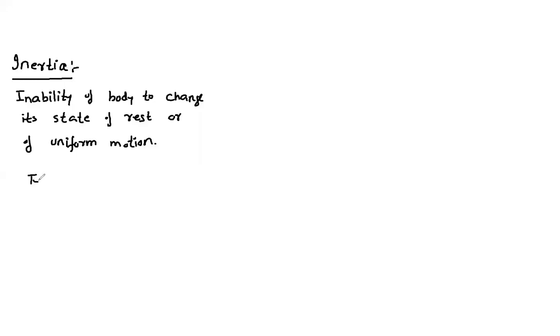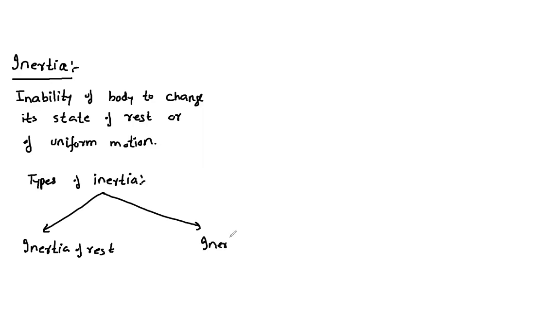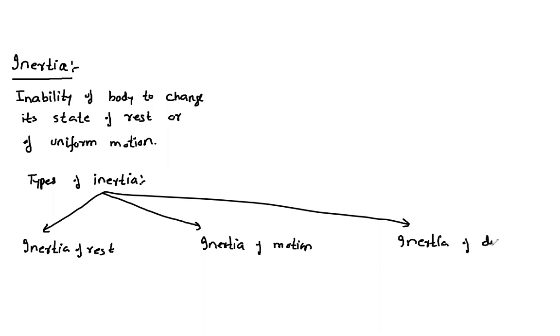We have 3 types of inertia that we will study in detail in Newton's first law: inertia of rest, inertia of motion, and the third one is inertia of direction.